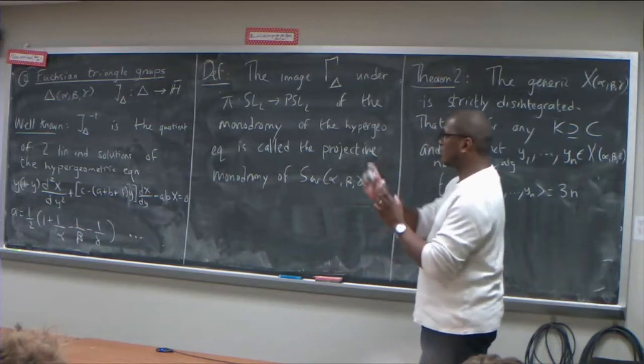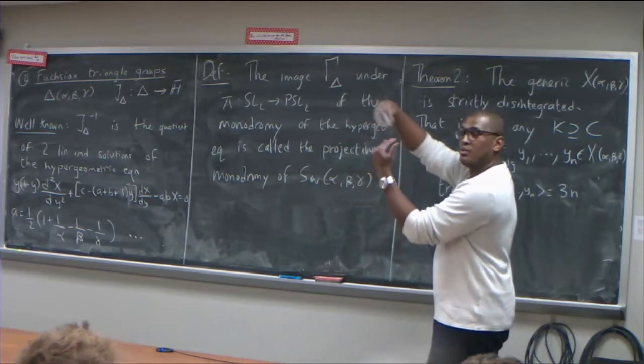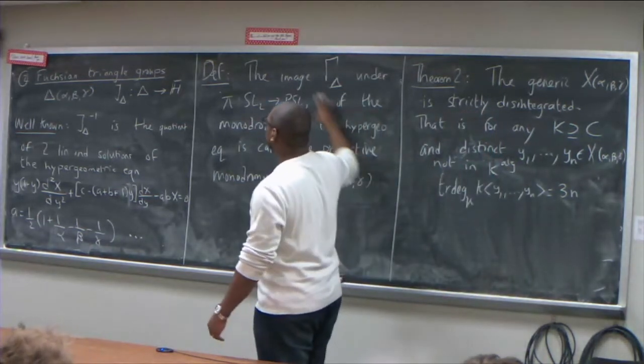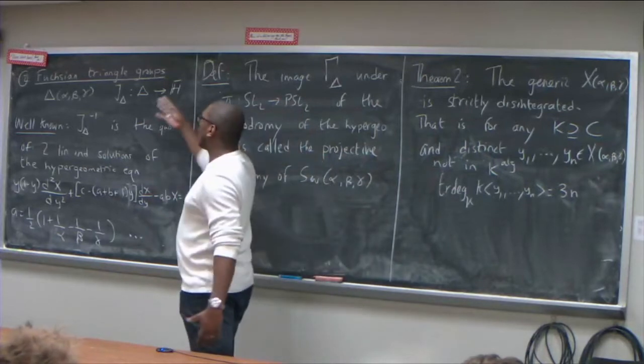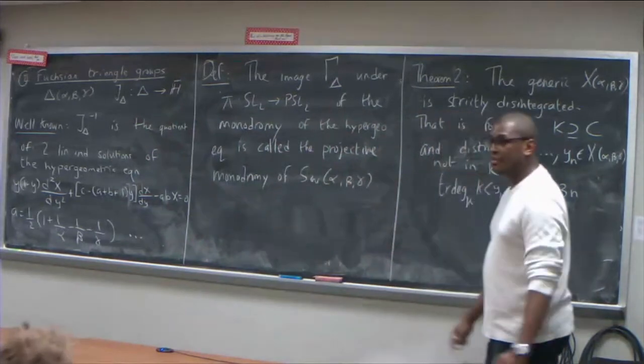So with two linearly independent solutions, you act by multiplication. When you take a quotient, you act by linear fractional transformation. And linear fractional transformation is very much intertwined with the Schwarzian and with this J triangle.